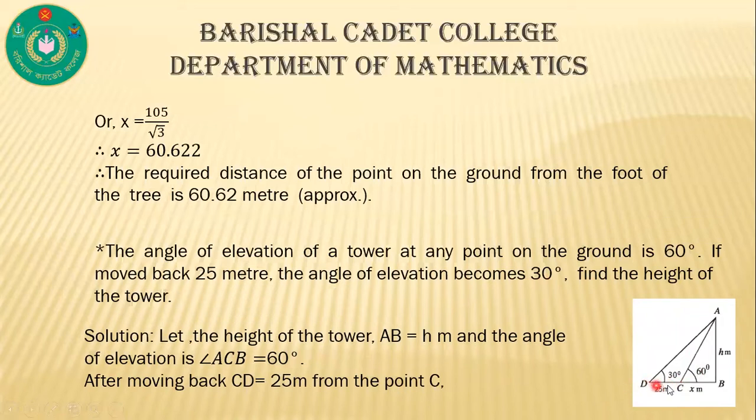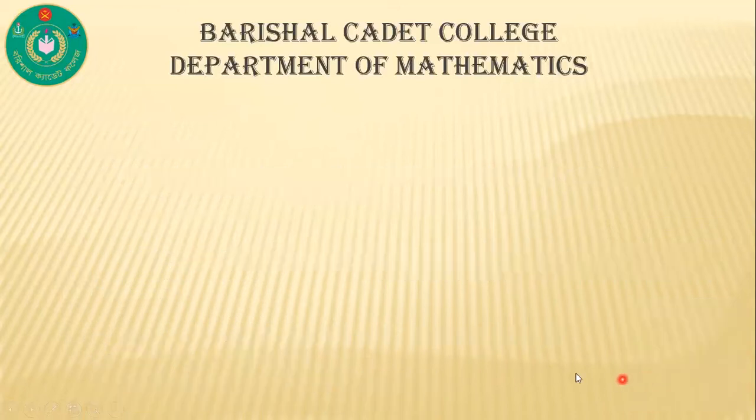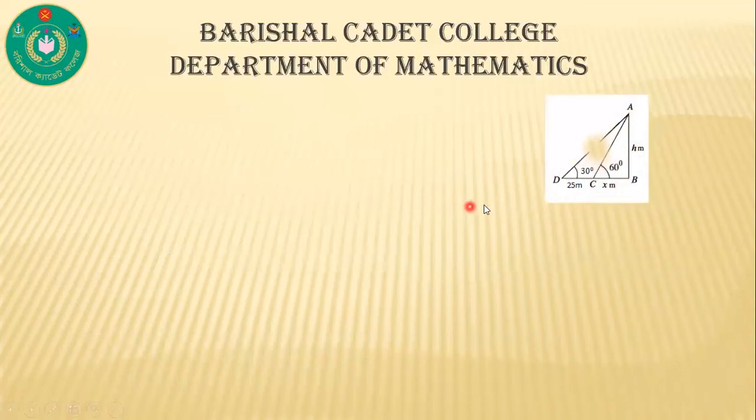So CD is equal to 25 meter from the point C and the angle of elevation becomes 30 degree. Here given that the angle of elevation is 30 degree. So angle ADB is equal to 30 degree.